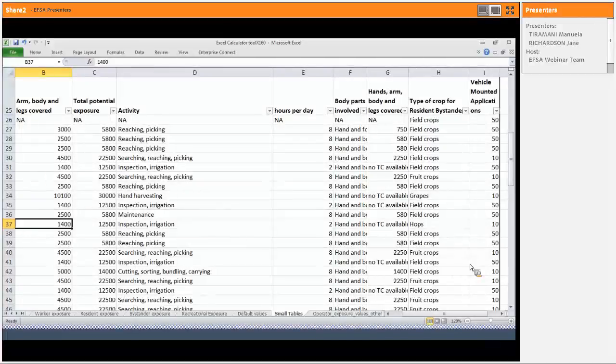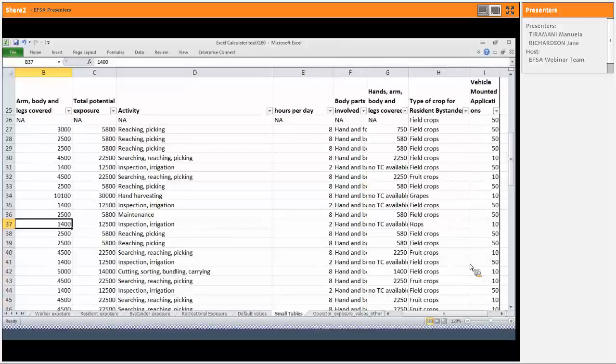But on the other hand, I strongly suggest that when you have done the exercise, you go and see these pages, because there you can become more familiar with the automatic parameters that the calculator included after your selection, after your inputs.